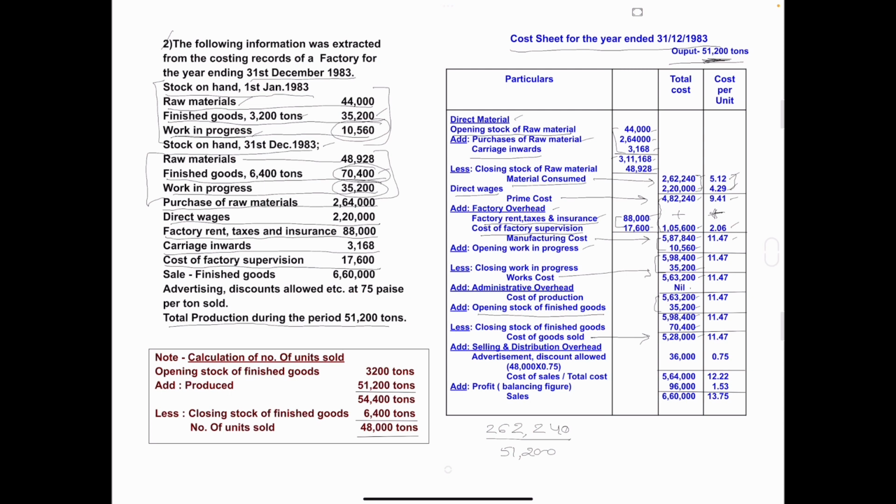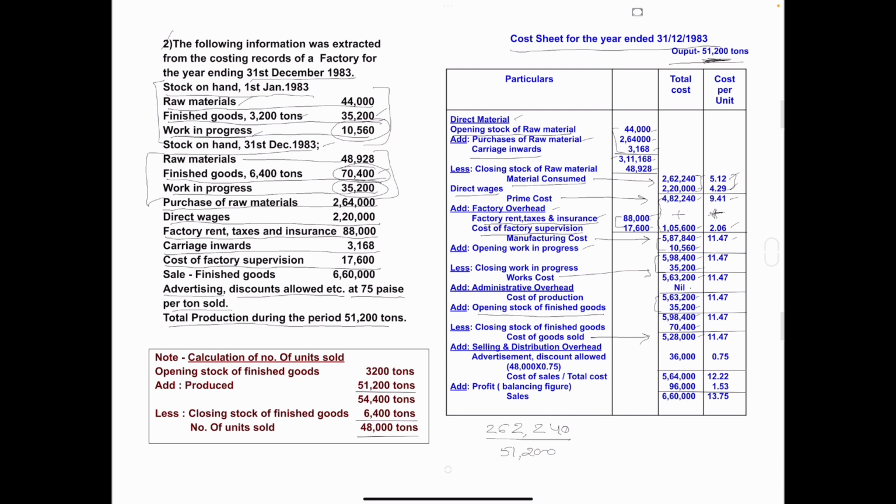Next we have to add selling and distribution overhead, expenses or overhead related to selling of goods. In this problem they have given advertising, discounts allowed, etc. at 75 paise per ton sold.